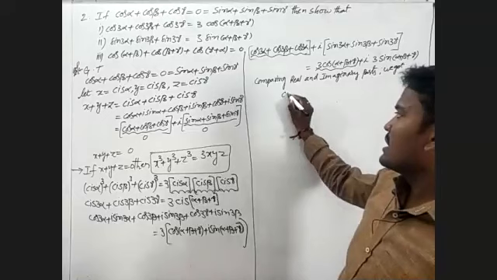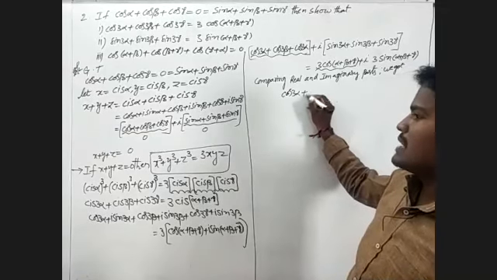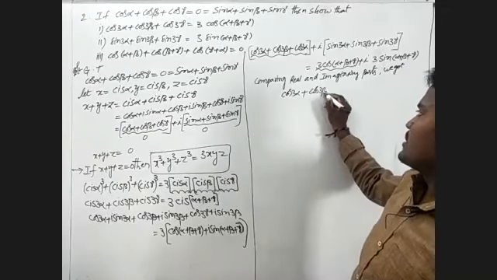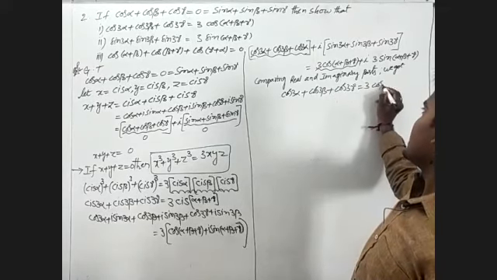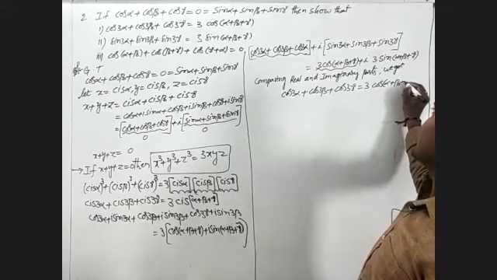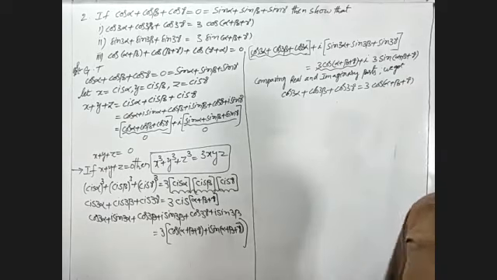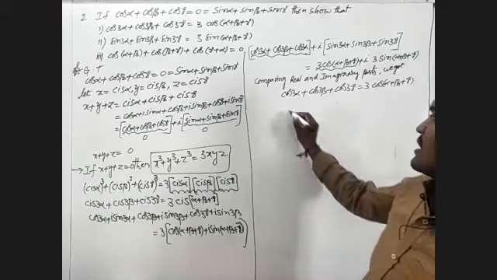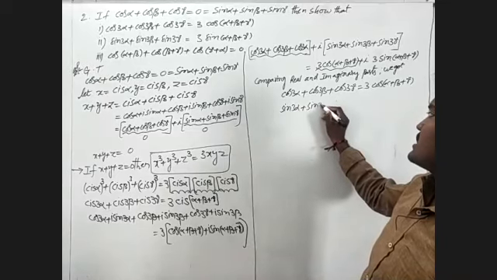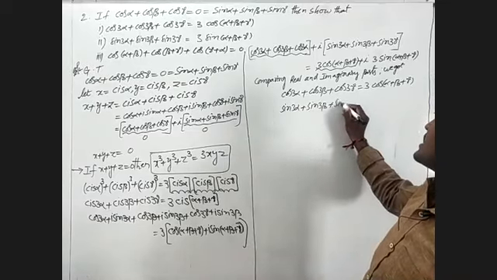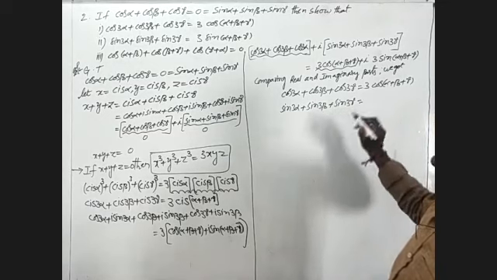So cos 3 alpha plus cos 3 beta plus cos 3 gamma is equal to 3 cos of alpha plus beta plus gamma. After that, remaining we have to write sin 3 alpha plus sin 3 beta plus sin 3 gamma.